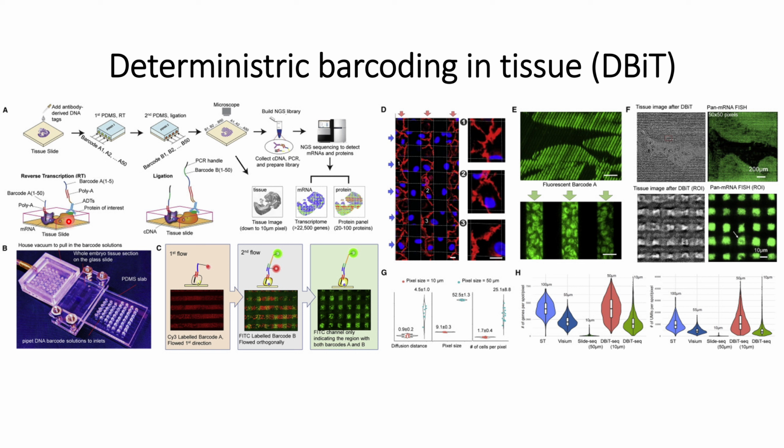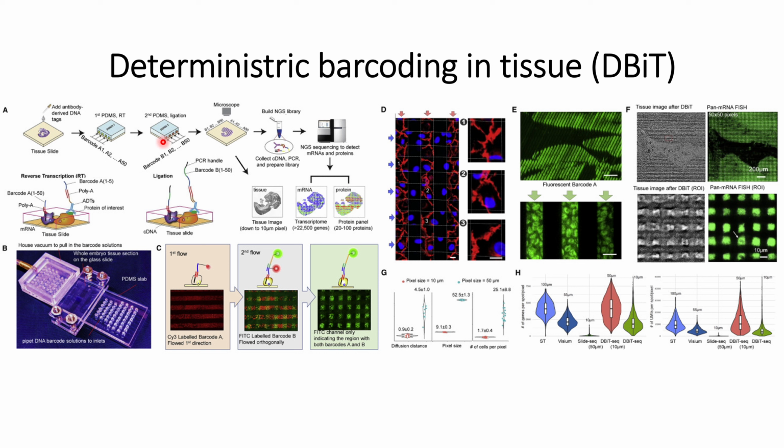In the other case, the protein antibody derived DNA tags can bind to the protein of interest along with these poly A tails. In the second step, they use a second PDMS microchannel plate in a perpendicular direction. In this case, the barcodes will attach only to those locations where the poly A tails are present, that is either at the mRNA with the poly A tails, or the protein of interest with the poly A tails.